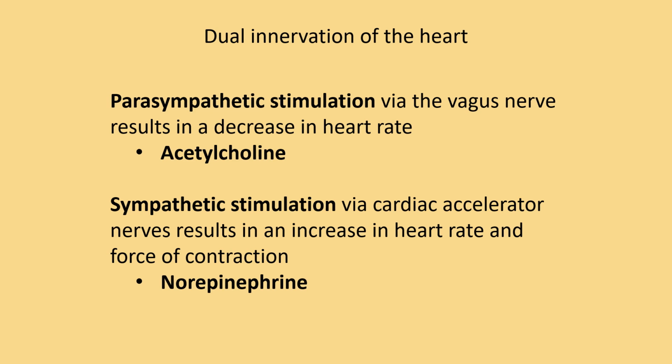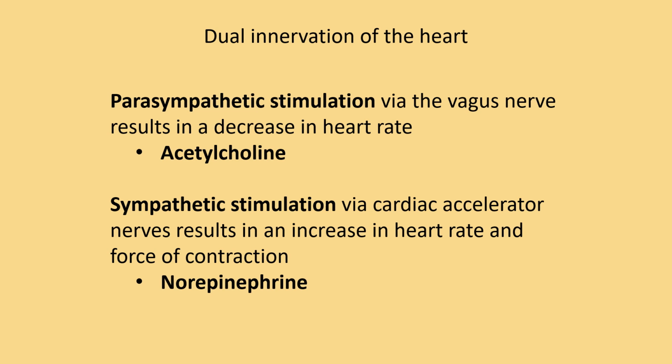Acetylcholine is released by the postsynaptic motor neuron onto the effector. And sympathetic stimulation is delivered via a neurotransmitter called norepinephrine. The postganglionic or the postsynaptic motor neuron releases norepinephrine onto the effector.